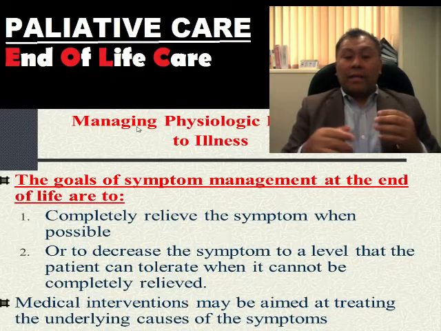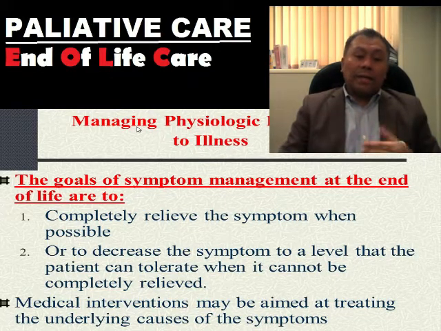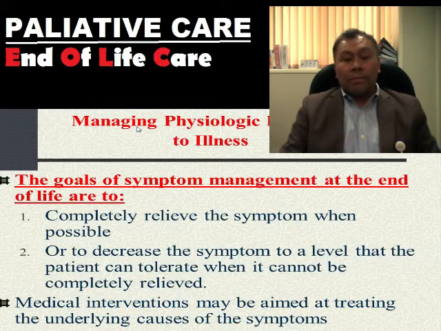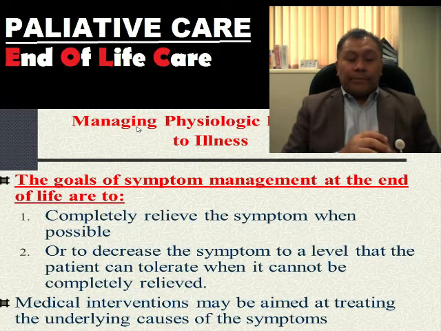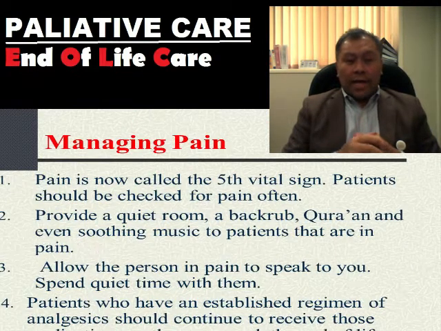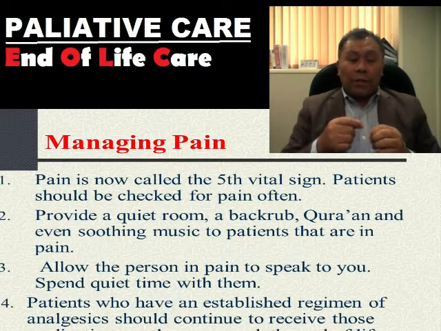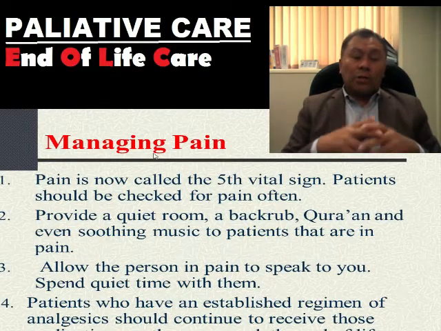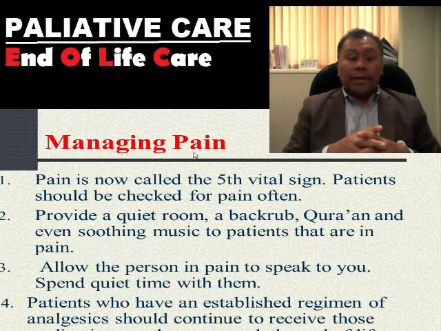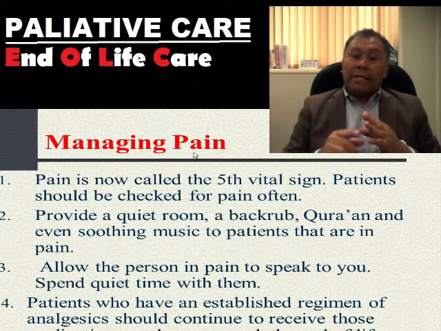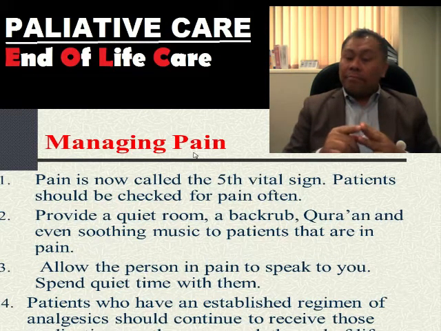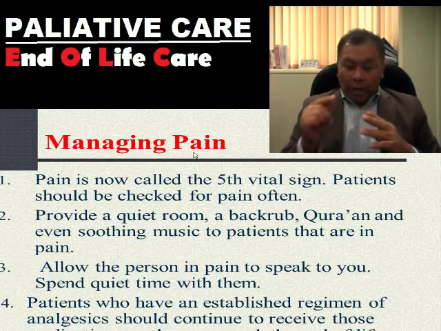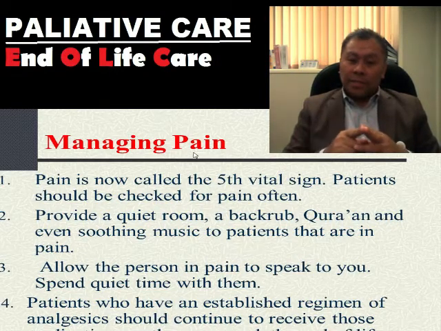And then medical interventions may be aimed at treating the underlying cause of symptoms. Now, here, it is essential also to know as a nurse how to manage the pain. Remember, pain is now called the fifth vital sign if you are caring for a terminally ill patient.